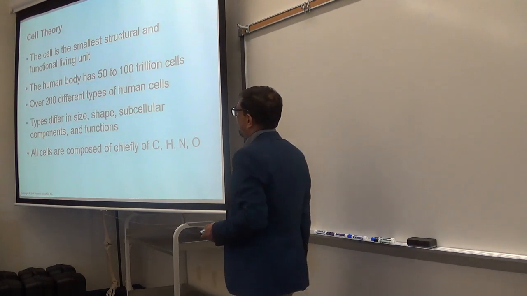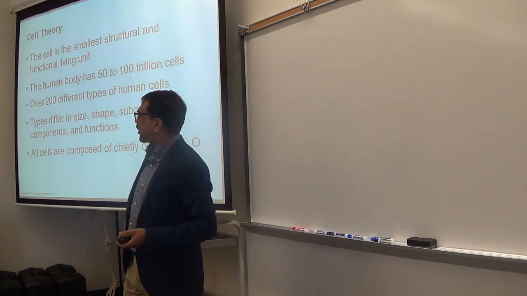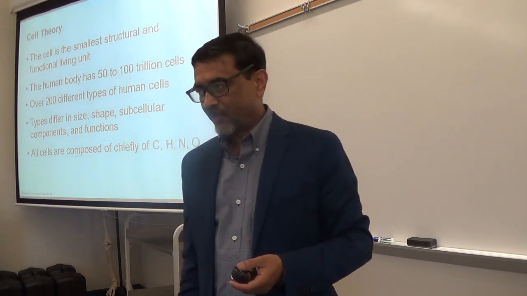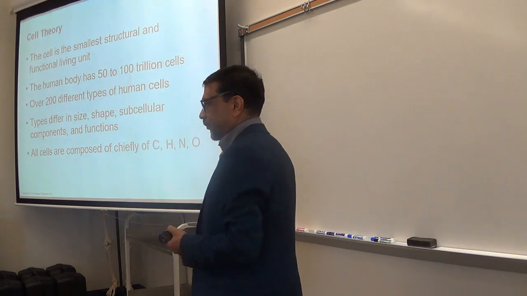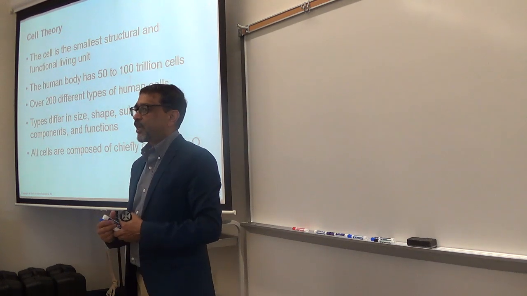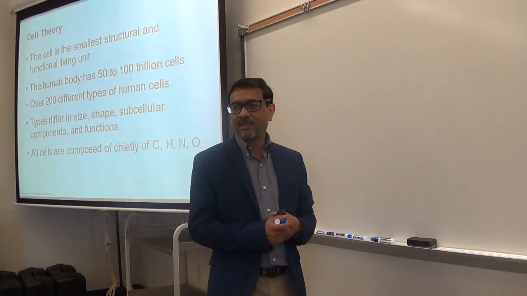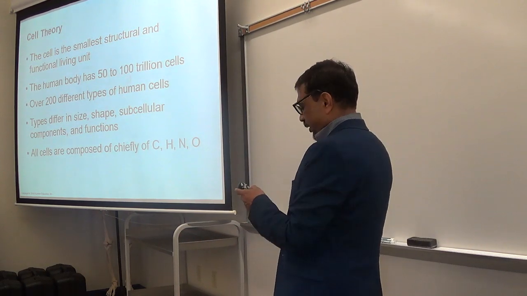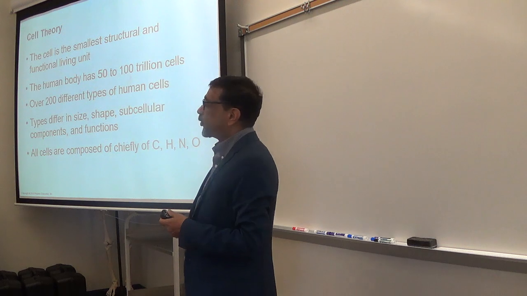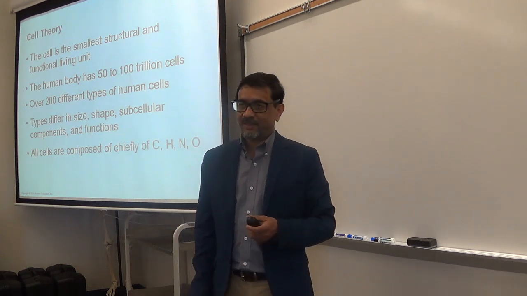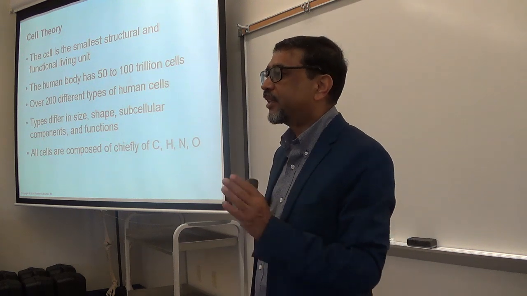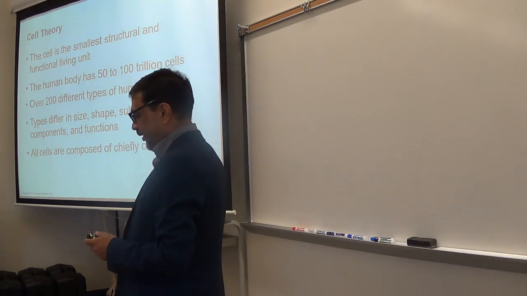Cell is the smallest structural and functional unit of living organism or living body. Smallest structural and functional unit. Human body has 50 to 100 trillion cells, not million, not billion, trillion cells.